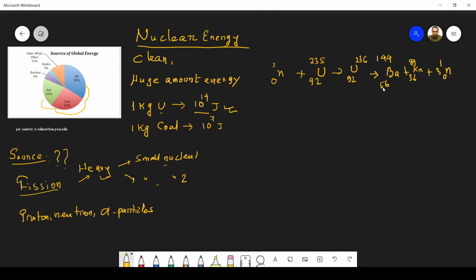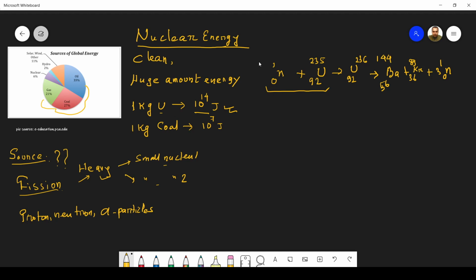The total mass number here is 236, and on the other side you also get a mass number of 236, and the atomic number is 92 on both sides. This way a heavy nucleus is broken.